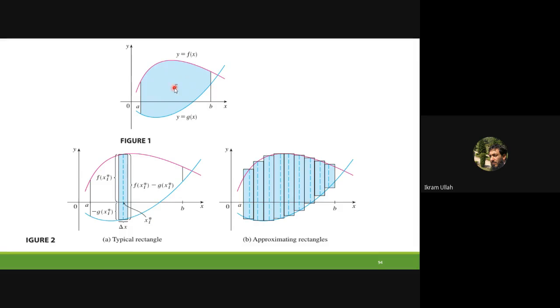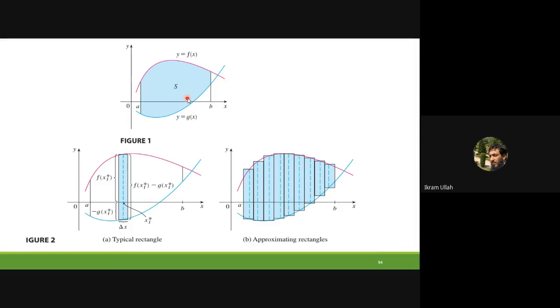Now let f of x be greater than or equal to g of x, because the graph of this function lies above and this lies below. So let f of x be greater than or equal to g of x in the interval from a to b, and both functions are continuous. This is the basic condition, that both of these functions f of x and g of x are continuous functions.